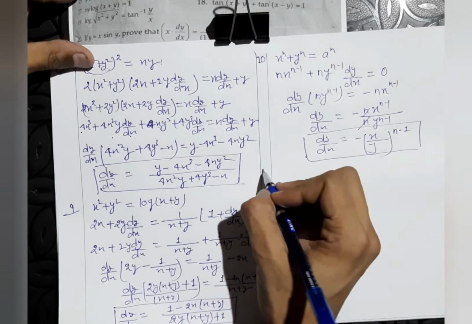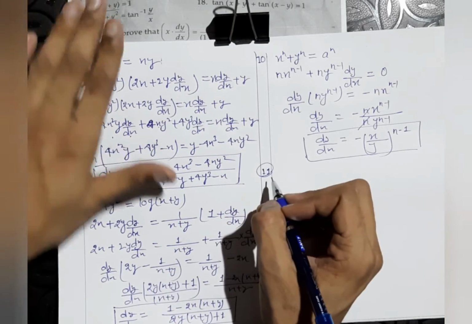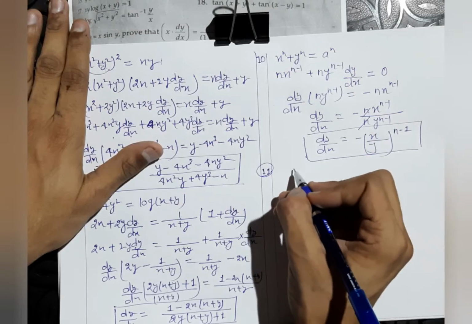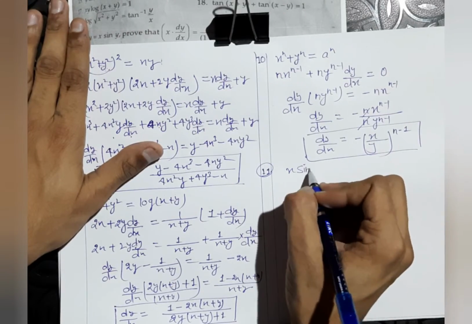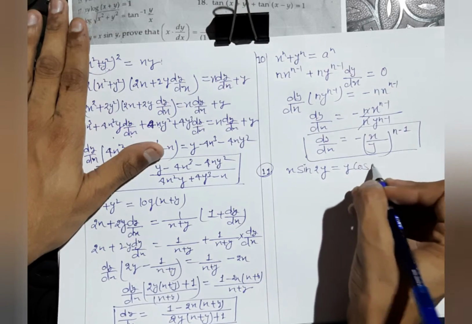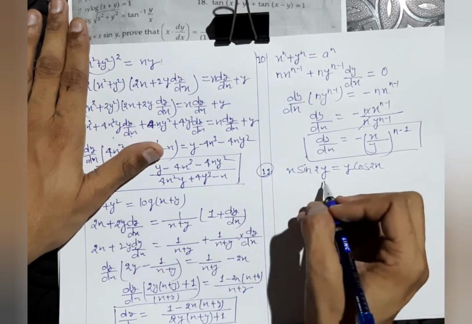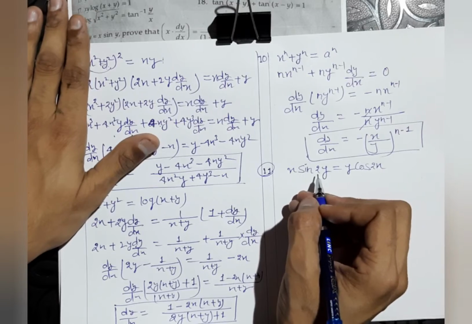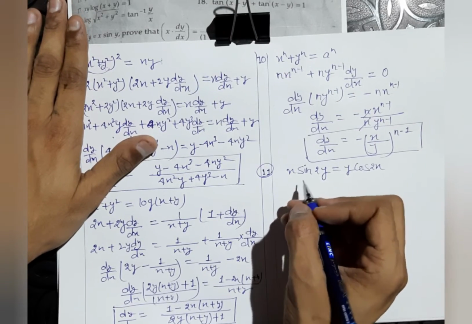Now let's do the differentiation of question number 11. Question number 11 is x sin 2y equals y cos 2x. So differentiation of x sin 2y will be done by using the product formula.